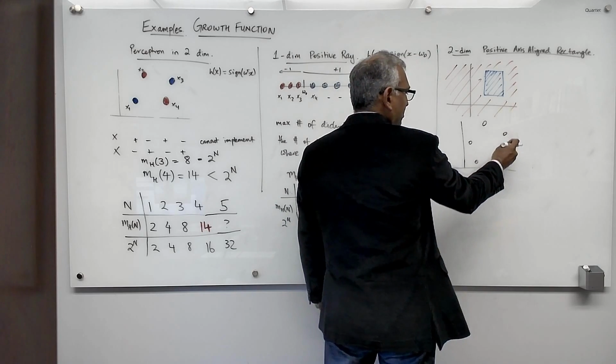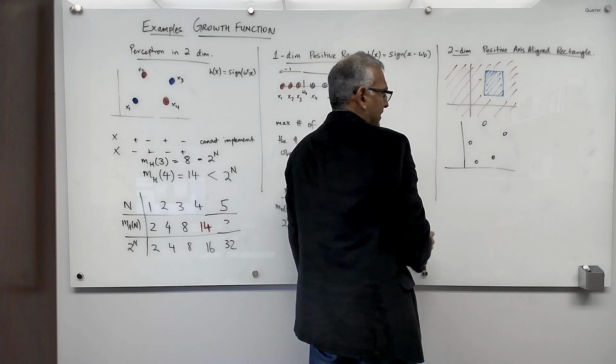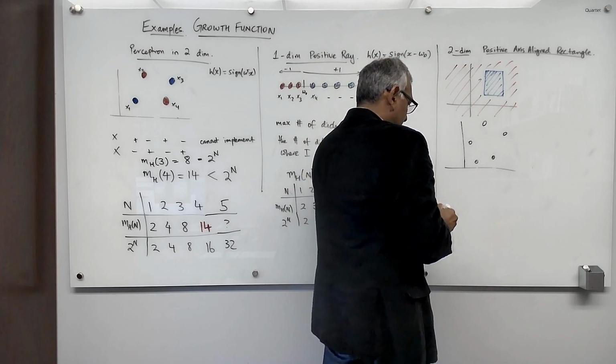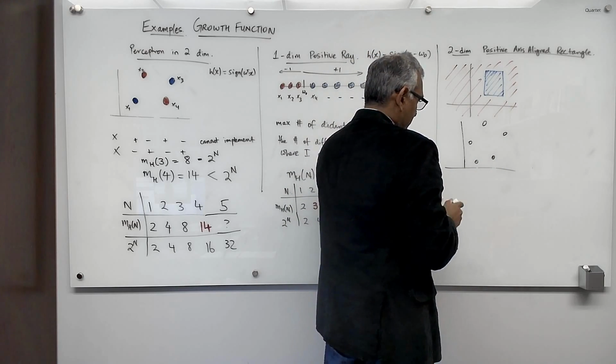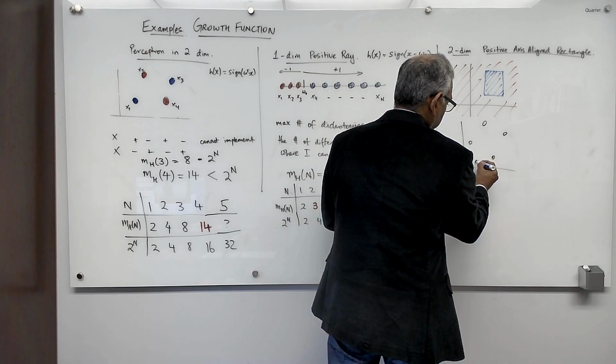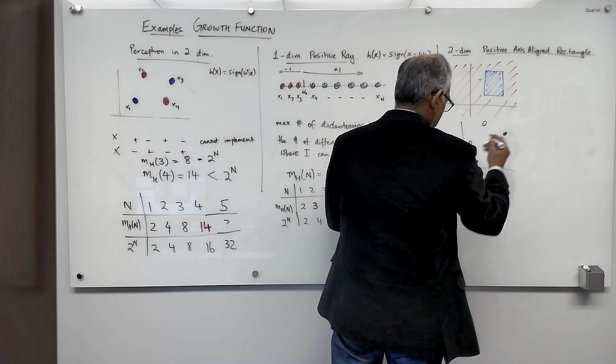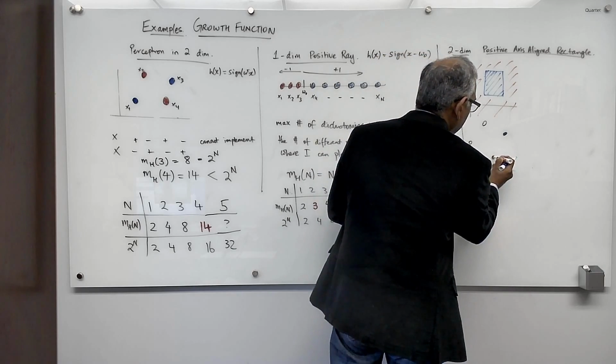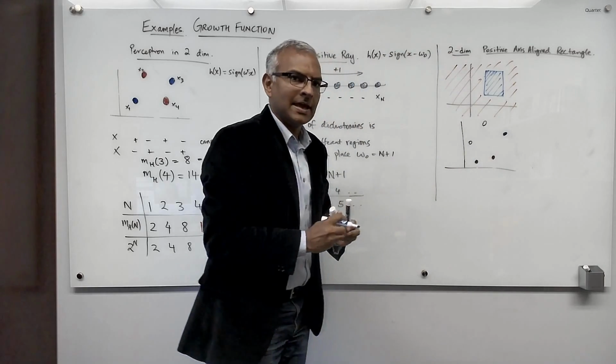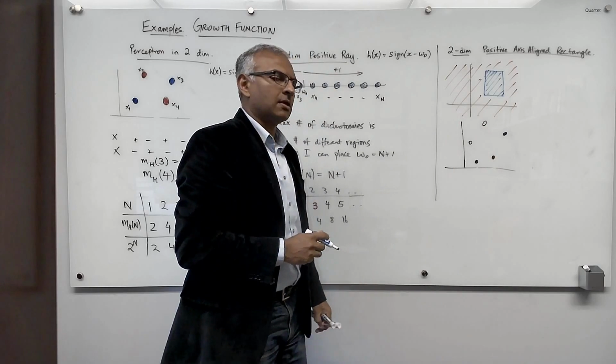Now I'm going to consider these 3 points, and I'm going to consider the dichotomy which is plus, minus, and I don't care what you pick on those. Why do I not care?